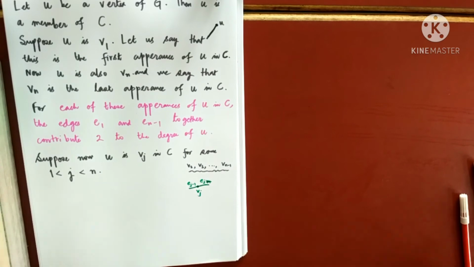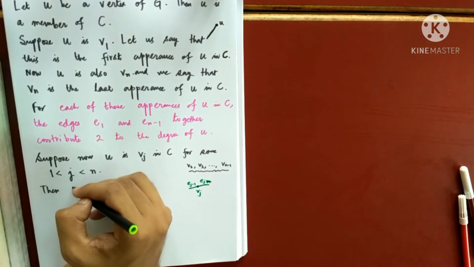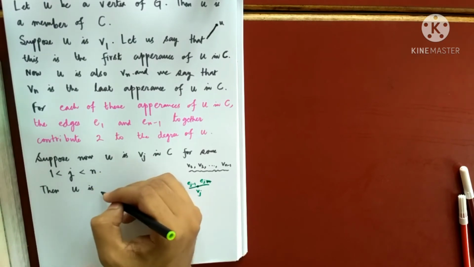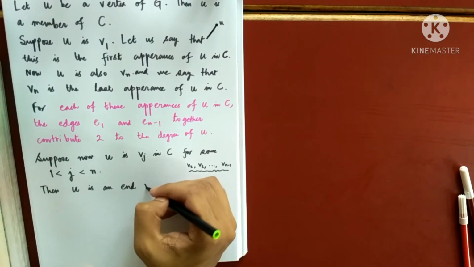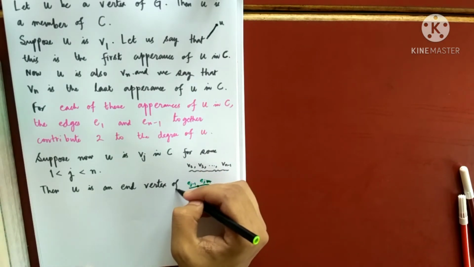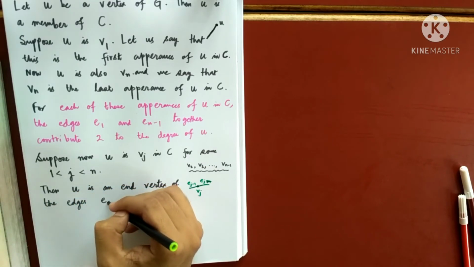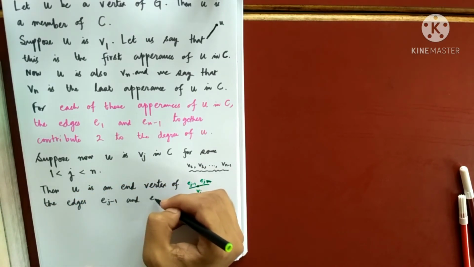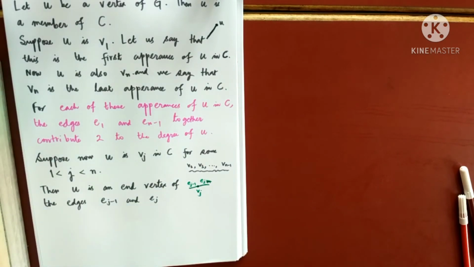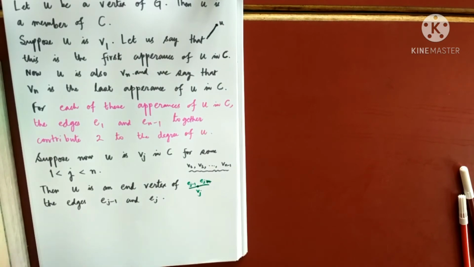So let me write it down. Then u is an end vertex of the edges ej minus 1 and ej. Did you understand this line or not? Please ask if you are not understanding.